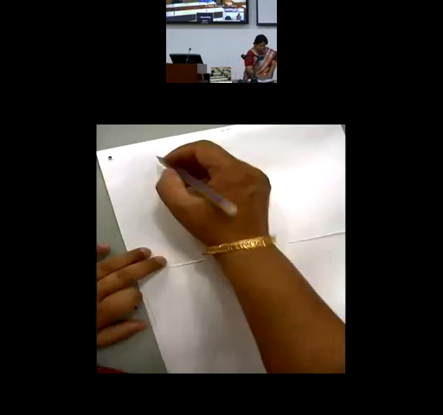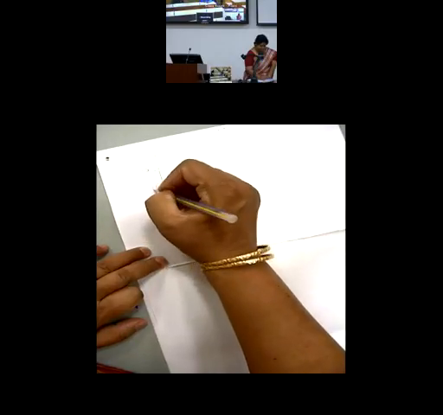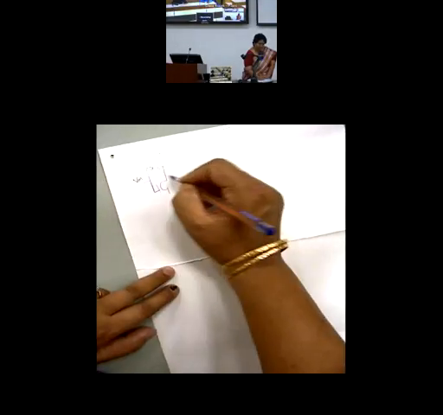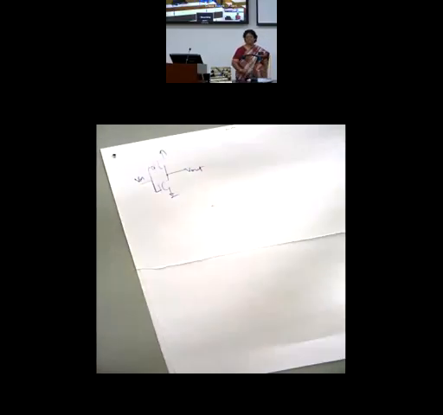This is a CMOS inverter. Input goes to both. Now for me, this is a push-pull amplifier.